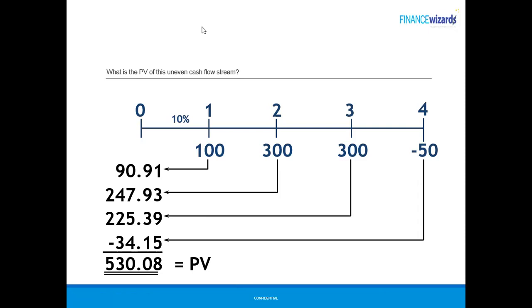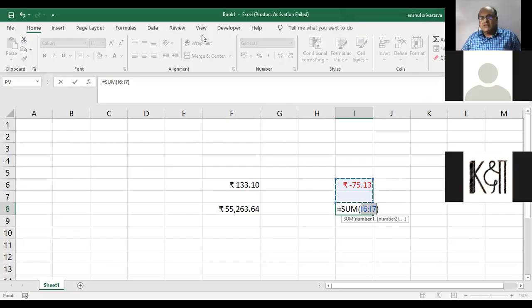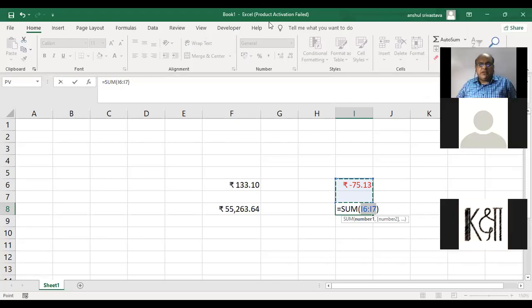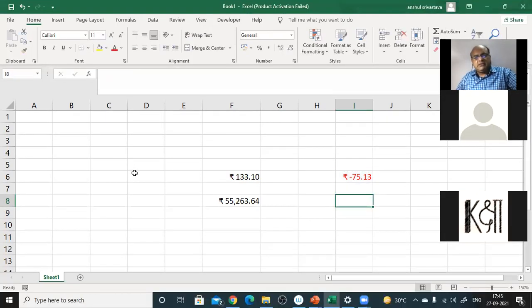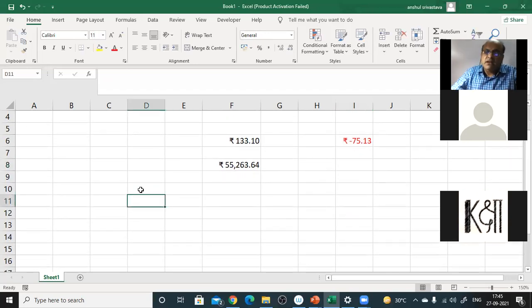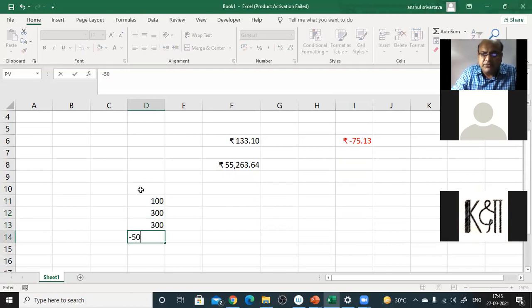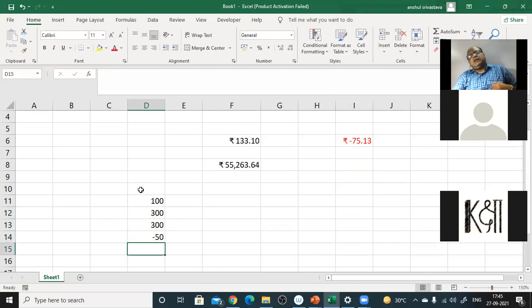Now, how do we use NPV? If we have to use NPV, it would be something like this. First we write it here, 100, 300, 300 and minus 50. Now we calculate NPV.